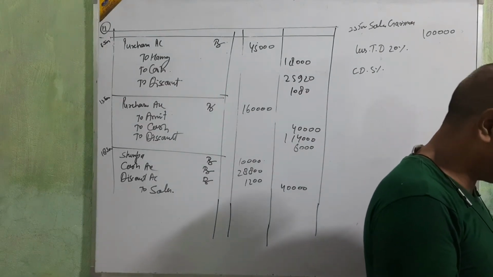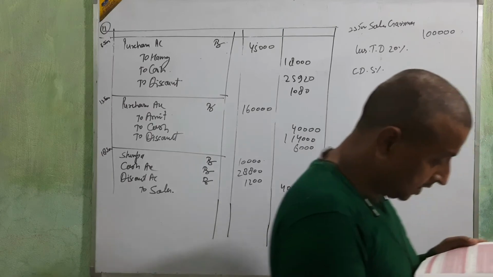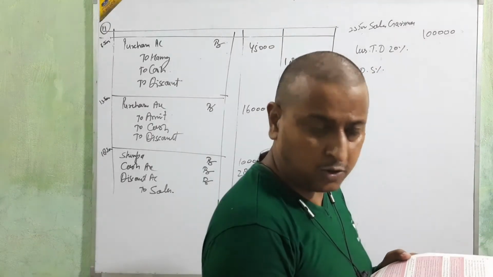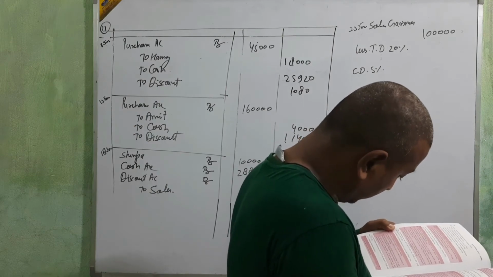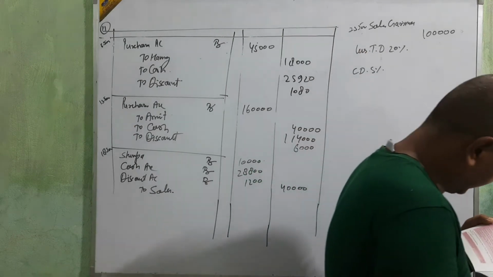Okay, it means for the second payment, we are not giving any type of discount. Here only 1/4. On that 1/4 we are going to give the discount.